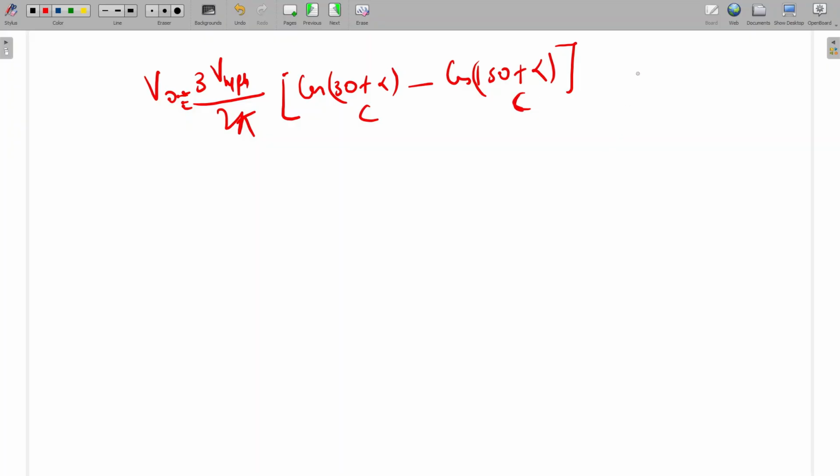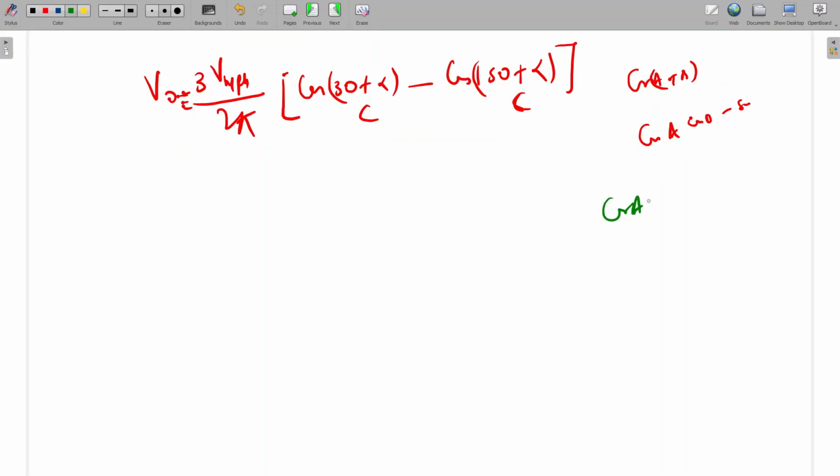See cos A plus B, what is the formula? Cos A into cos B minus sin A into sin B. That is the formula. That also we can apply, but for C minus D it will be better. We can derive that formula also.